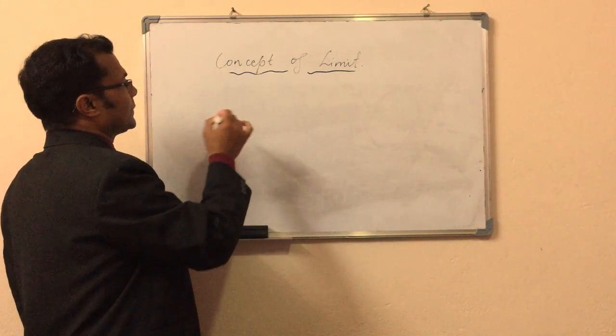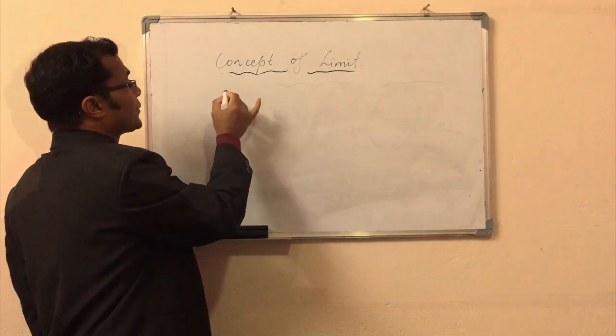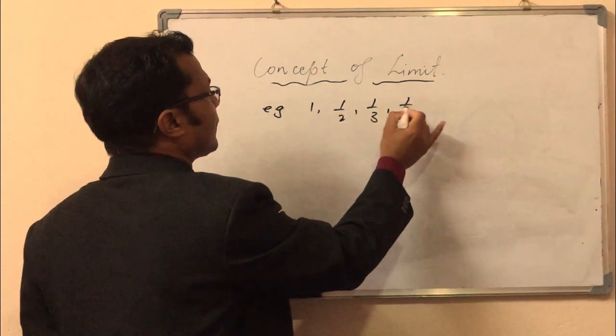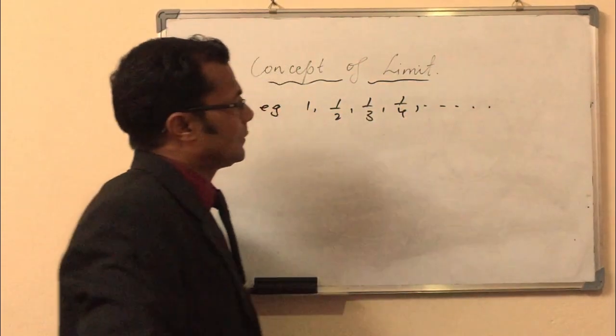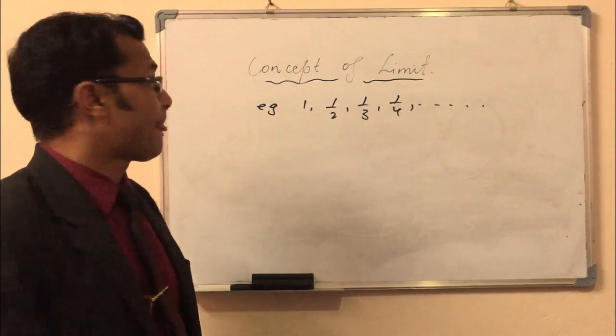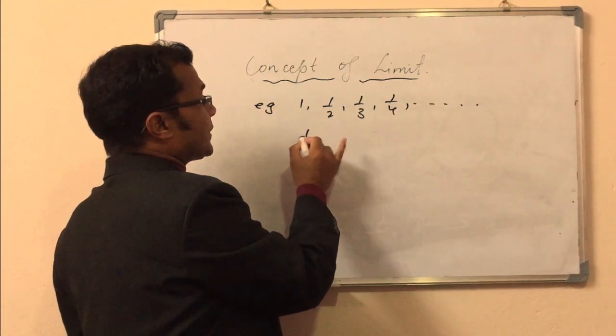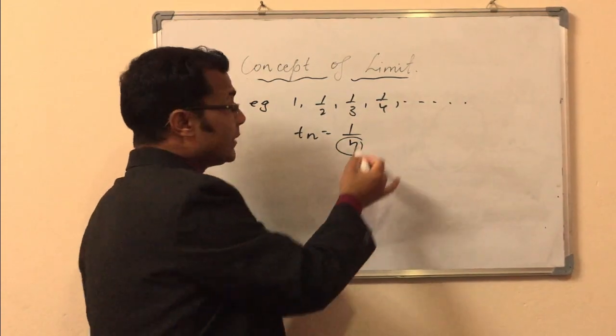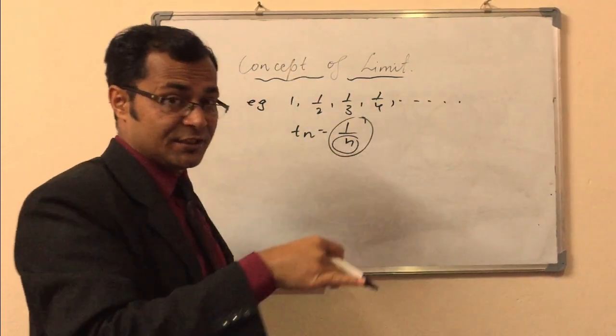Let's say you have got a sequence: 1, 1 by 2, 1 by 3, 1 by 4. You can see over here, the general term for this sequence is 1 by n. When you go on increasing n, this value goes on decreasing.